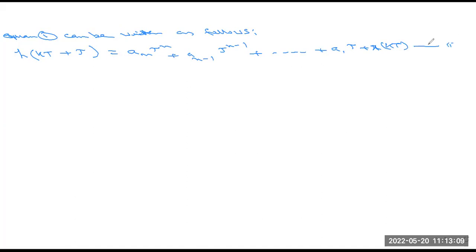So this is equation number 2. In this data hold circuit, it is basically an nth order polynomial function, and it is called the nth order hold.